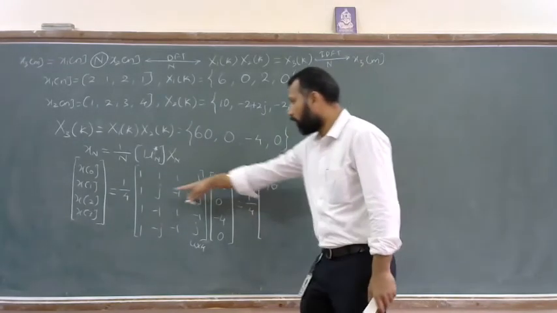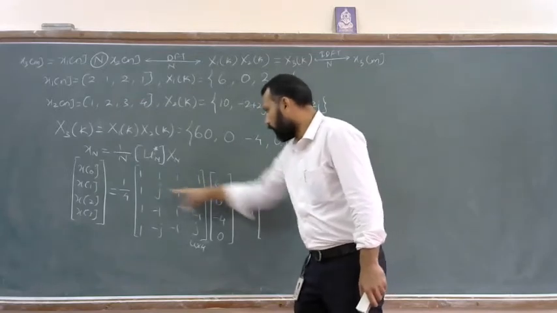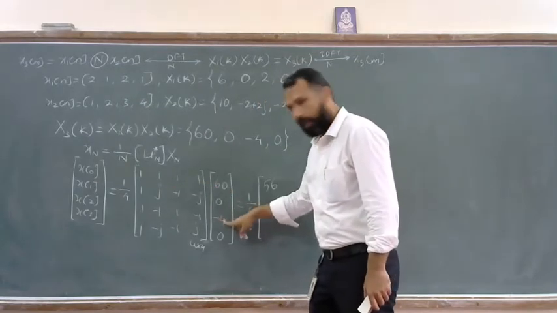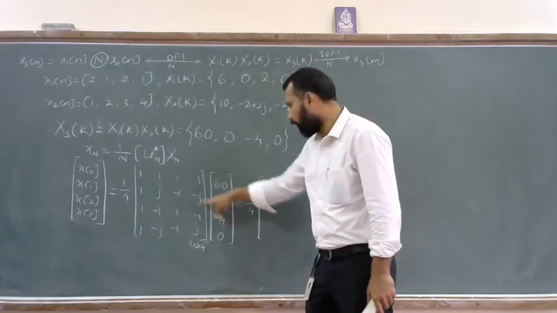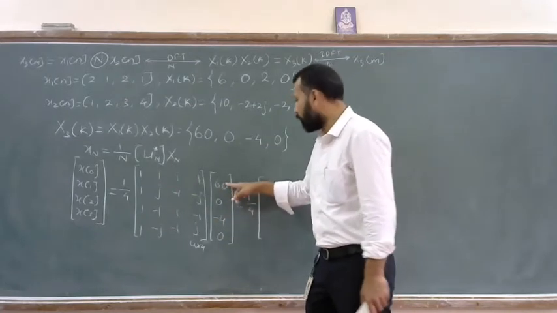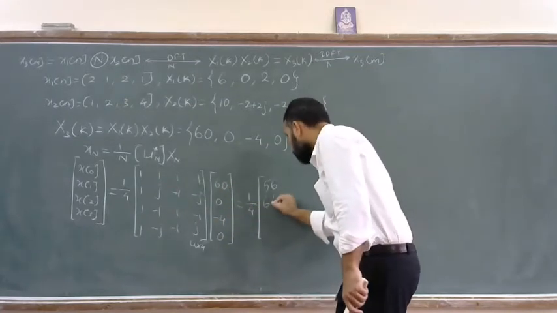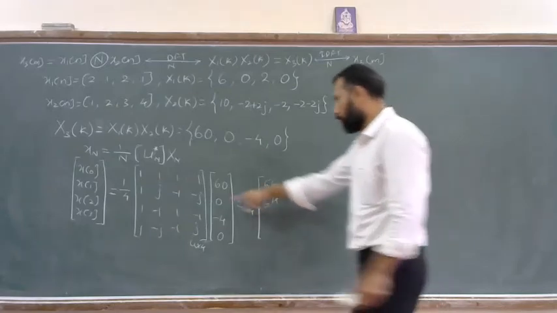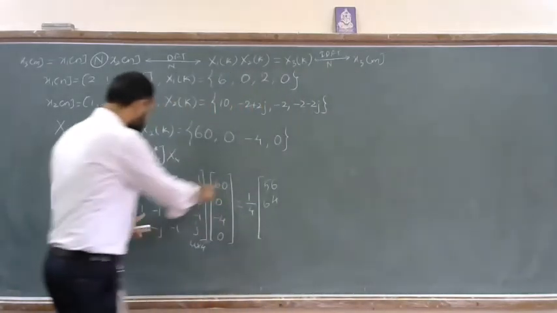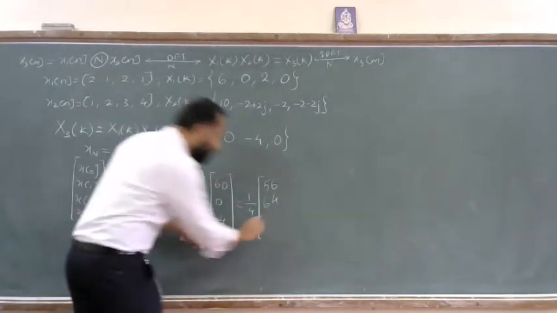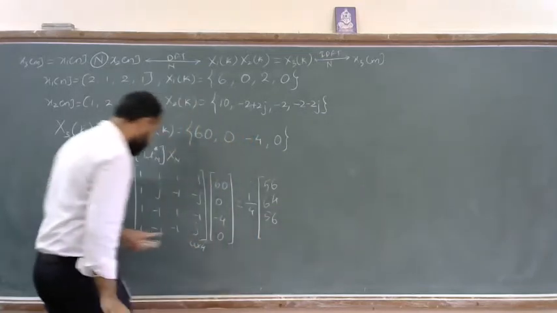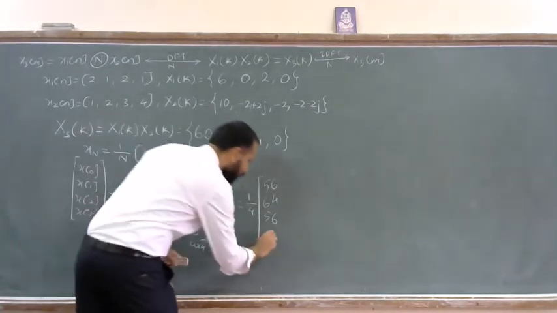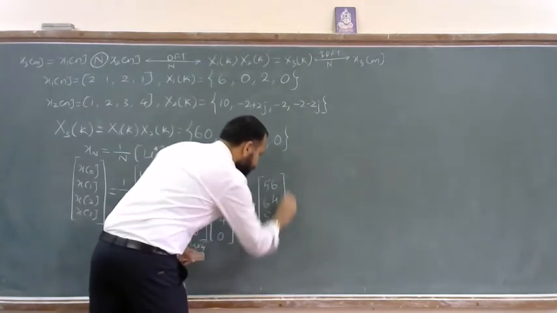Second value will be 1 into 60, j into 0, minus 1 into minus 4. So it will be plus 4 and minus j into 0. So it will be 60 plus 4, 64. And likewise, the remaining two values will be again 60 minus 4, 56. And lastly, 60 plus 4, 64.